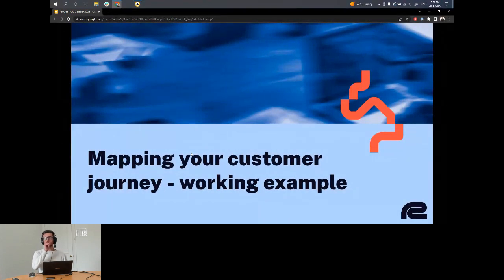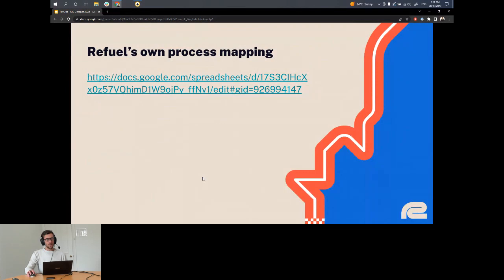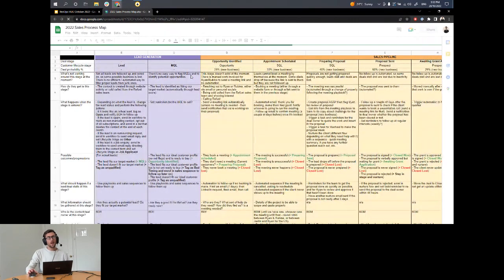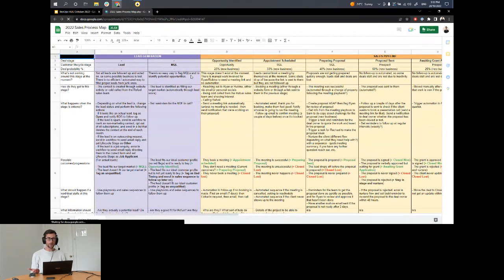So to finish up with this presentation, let's have a look at a working example. And that working example is Refuel's own customer journey map. So this is something that we are working on right now. I'm not going to go into too much detail about it because you can see it's pretty comprehensive.